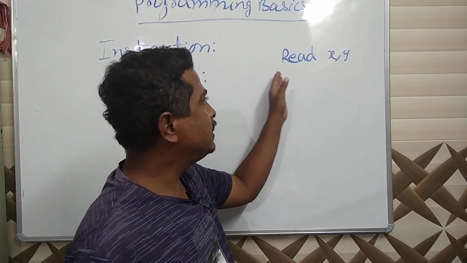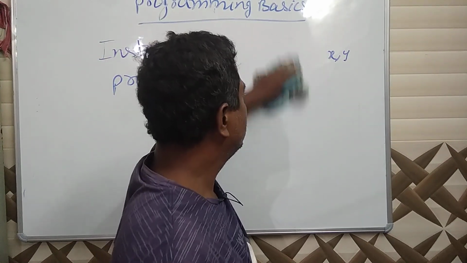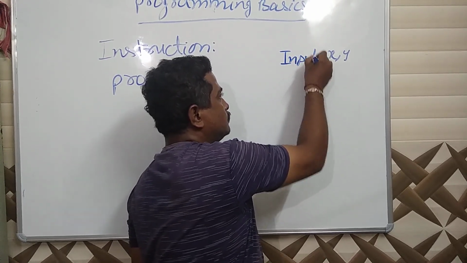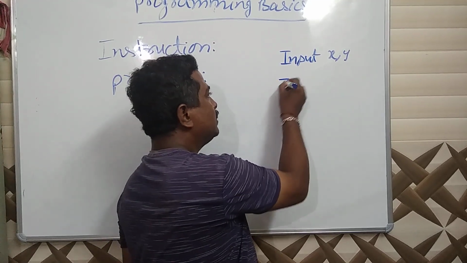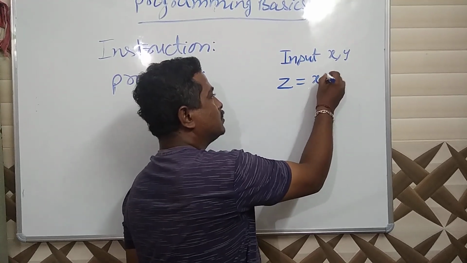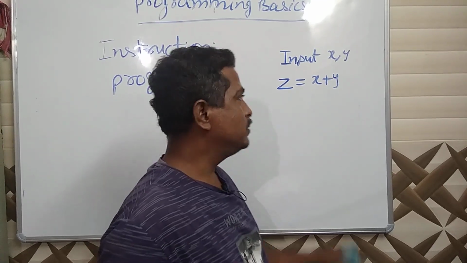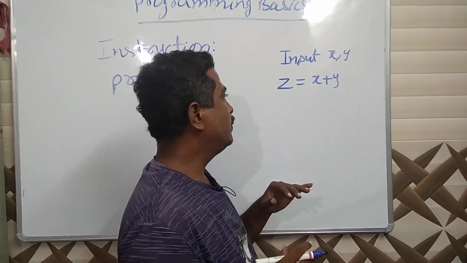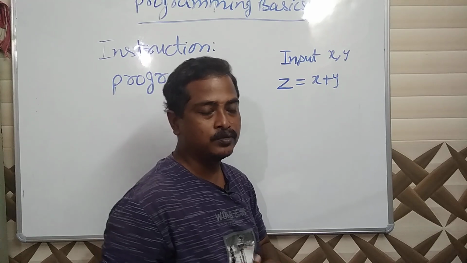You may write read, you may write input. Input x, y. After that, the third instruction: variable z is equal to x plus y. When we write arithmetic in English, we write x plus y is equal to z. But when we write programming languages, we write the reverse: z is equal to x plus y.